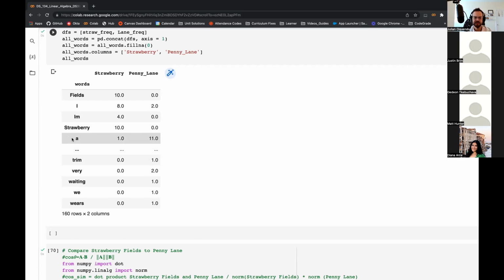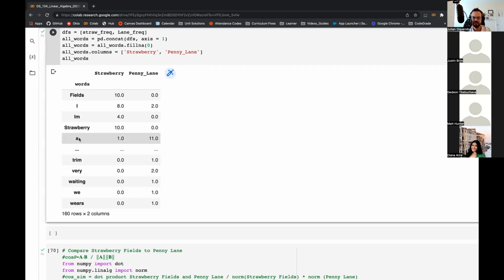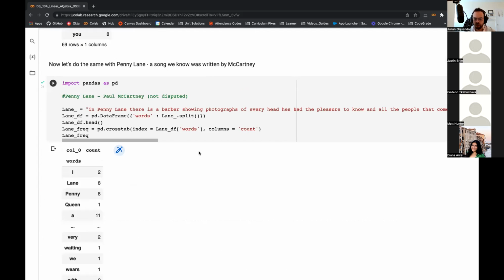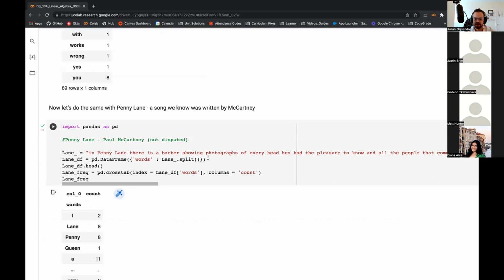Now, in this case, you could technically say there is some amount of how often a specific writer uses the word "a" in their song, or how often a specific term gets used. There is an argument you could make that you can't really include a proper noun in this comparison, because obviously Penny Lane and Strawberry Fields are not going to be present in one song versus the other. So you would have to do a lot more cleaning to the data set beyond just lowercasing and splitting the values.